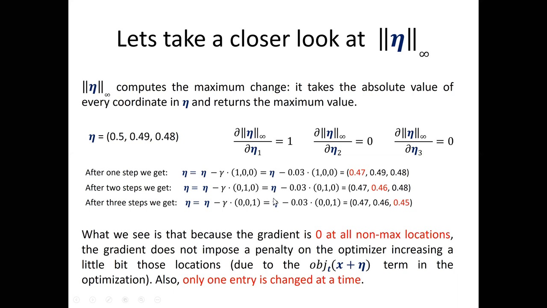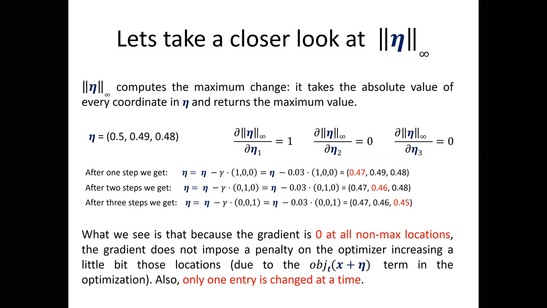If we continue optimizing like this, after the second step we take 0.47, 49, 48. We observe that 49 is actually the maximum value here. We reduce it, and we end up with 0.46 in the second dimension, and so on.